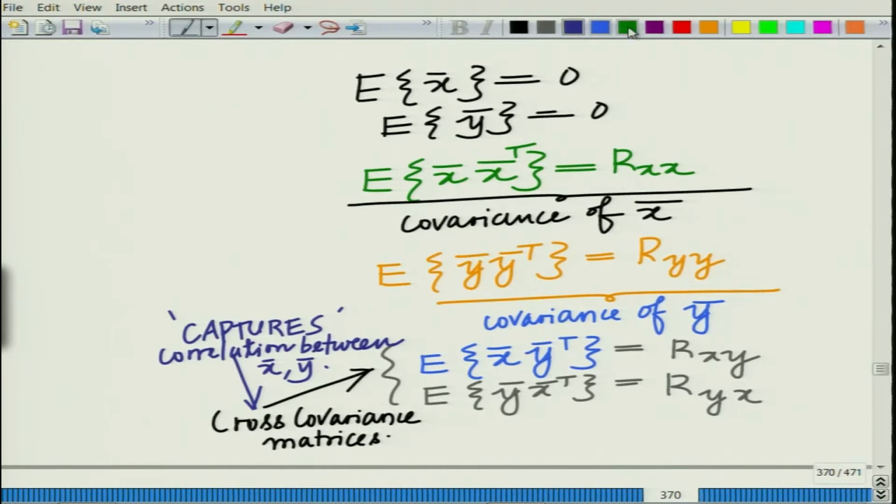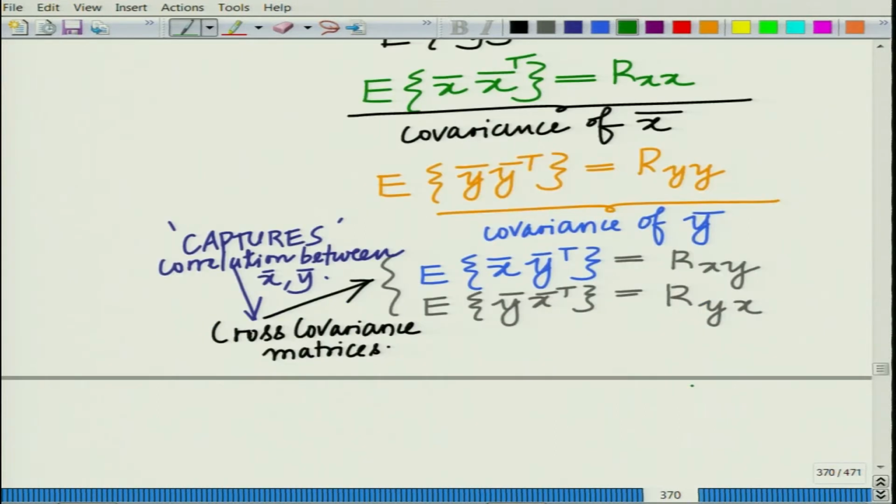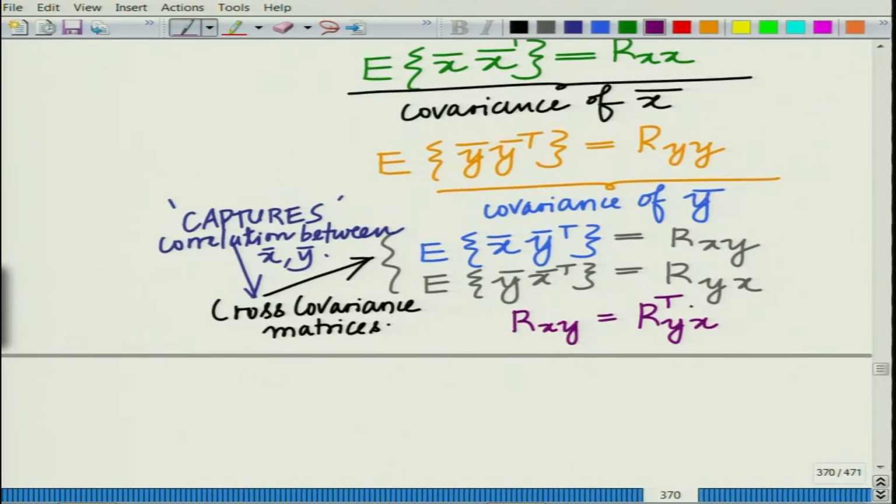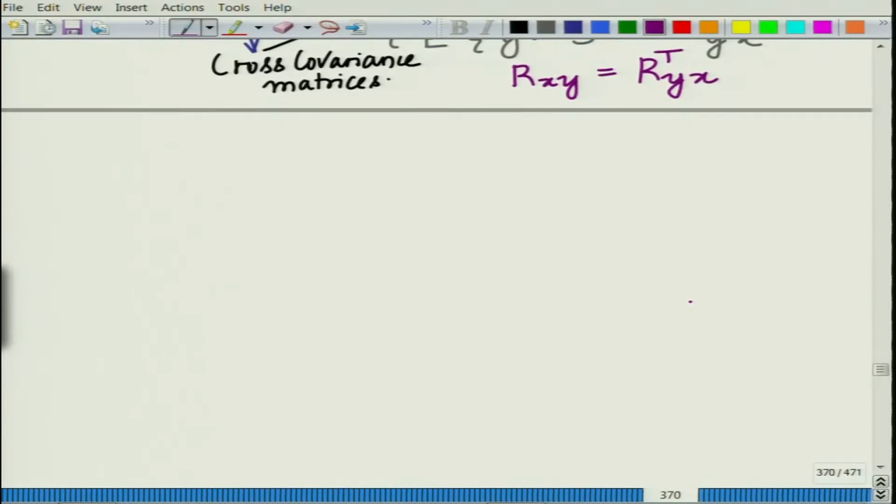And we can also see that Rxy and Ryx are the transpose of each other. So, this satisfies the property Rxy equals Ryx transpose. These are the different quantities that we are going to use.